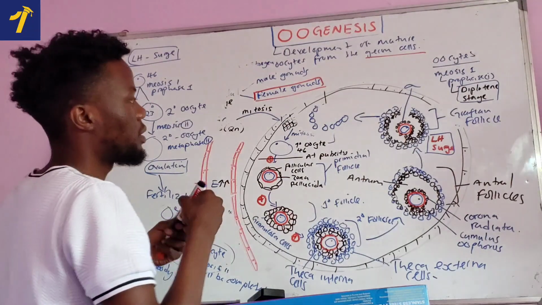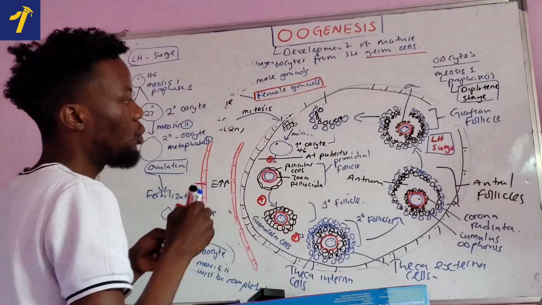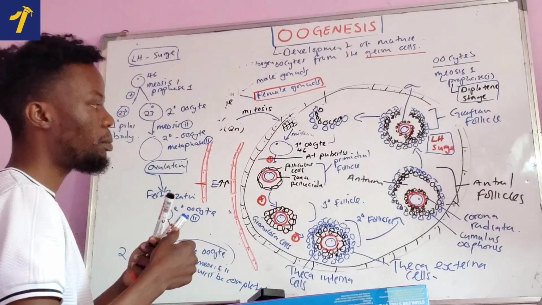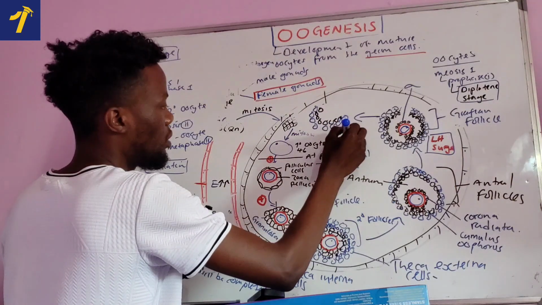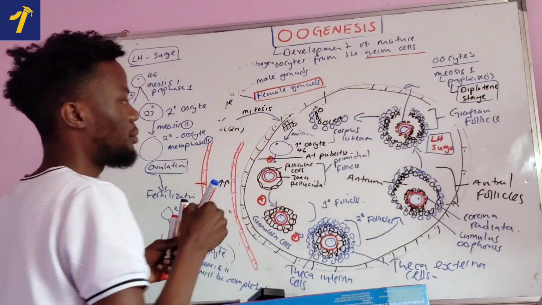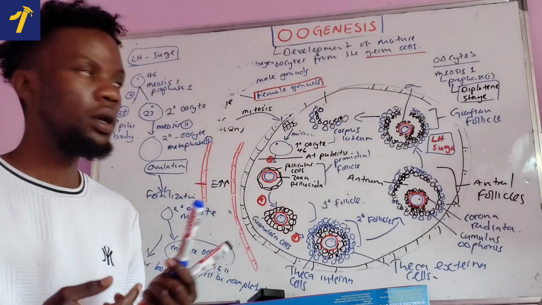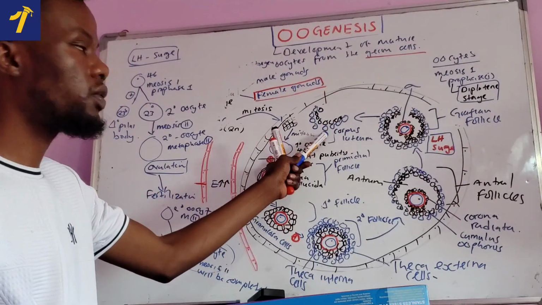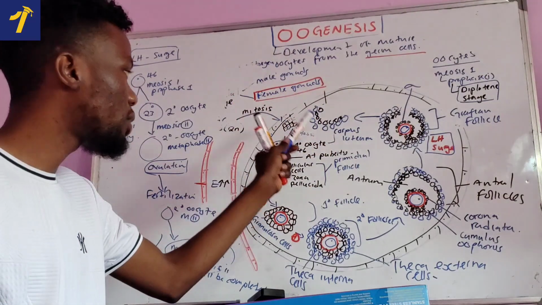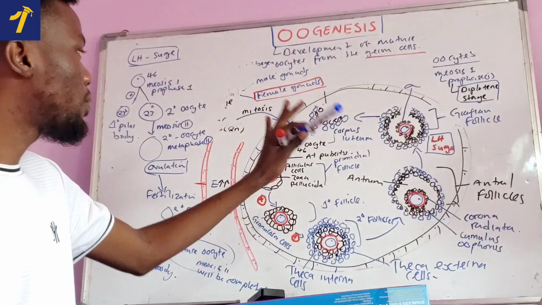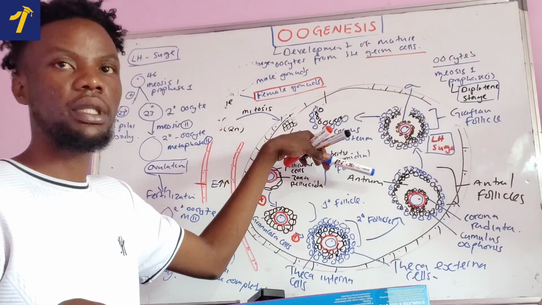So there will be this structure that will be left, which we call the corpus luteum. This structure without an egg inside, we call corpus luteum. It will continue producing estrogen and progesterone, because this is needed to maintain the build-up of the uterus.